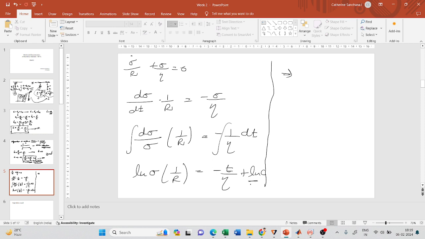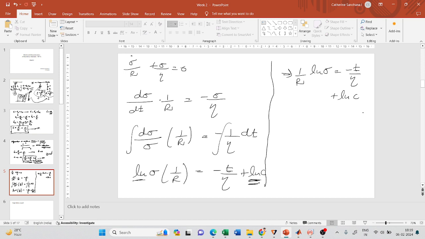So I have to introduce an integrating constant, and a boundary condition to solve for this constant, right? Since this is a ln, I am introducing this constant as also ln c. Okay, no issues. Now 1 by r into ln of sigma is equal to minus t by eta plus ln of c. So what is the boundary condition?